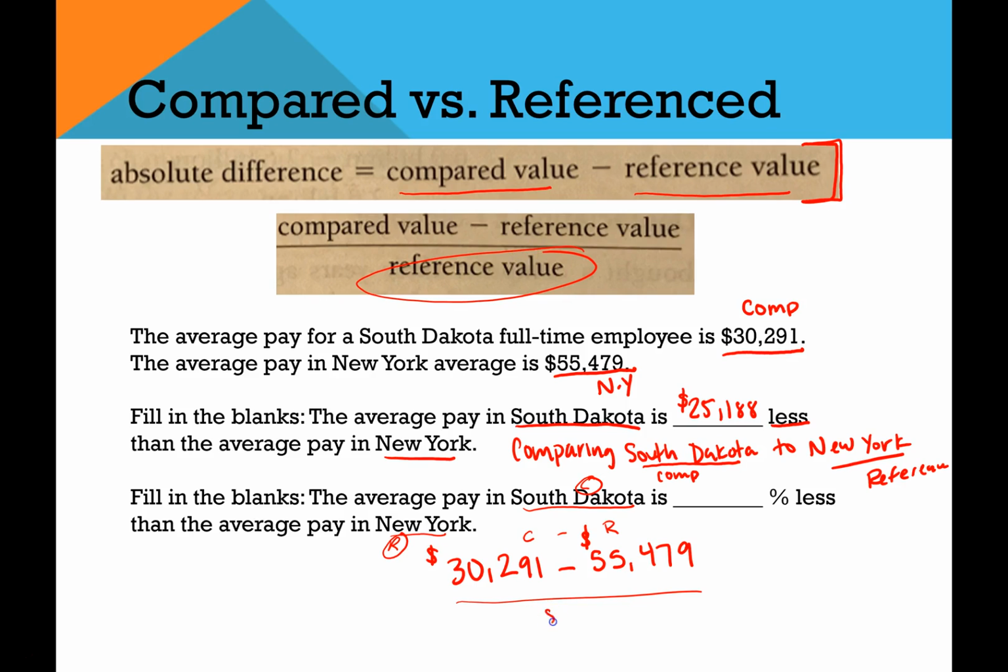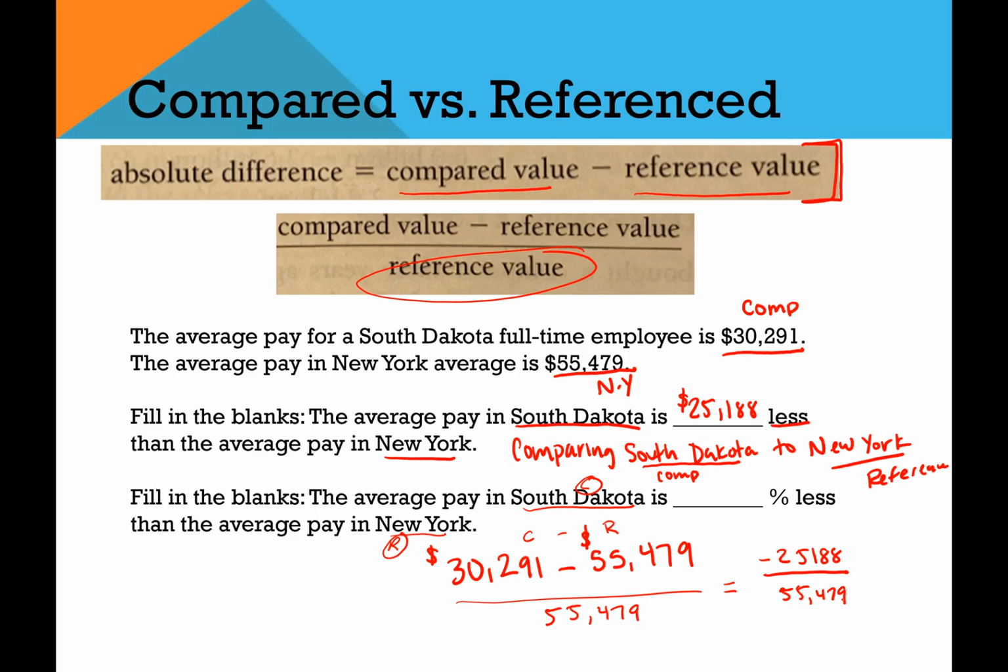So I have to divide by 55,479. So I'm going to do this math. Do your numerator first. We already got that, didn't we? Negative 25,188 divided by 55,479.